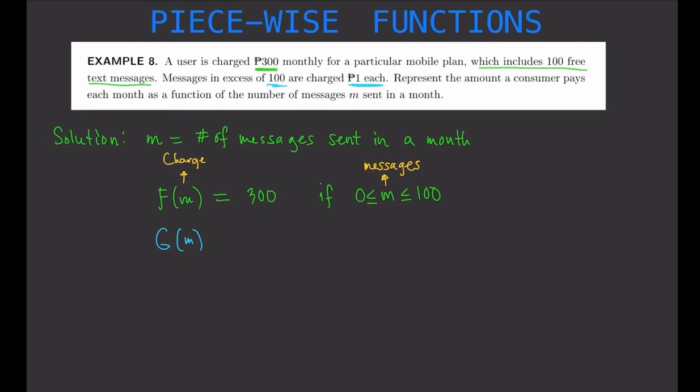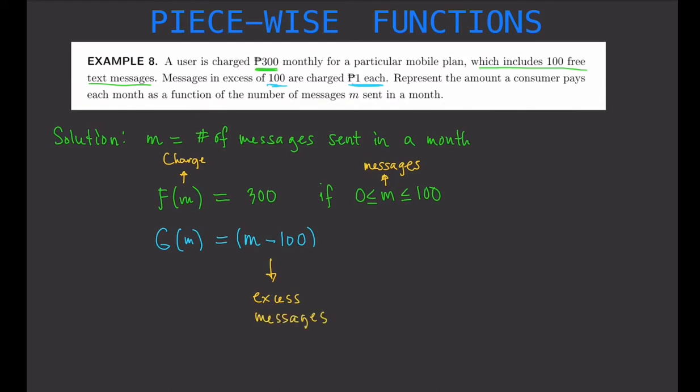That will be m, the number of messages sent in a month, but you subtract 100, because you have 100 messages that are free of charge. So that's m minus 100. This represents the excess number of messages.